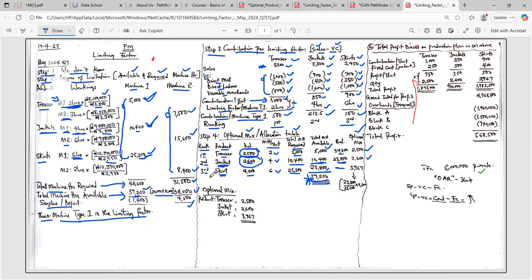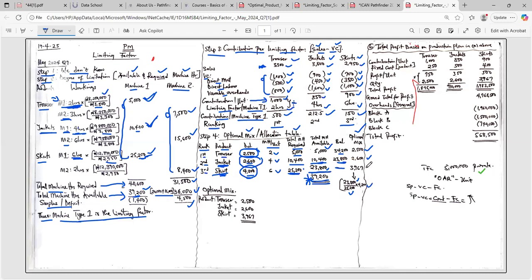Then finally is skirt. Skirt needed 25,200, but we only gave skirt 23,800. That means skirt cannot meet up with the whole 42. So how many can it meet up with? It can only meet up with 23,800, which is this guy, divided by 25,200, which is this guy, and multiply by your quantity of 42, which is this guy.